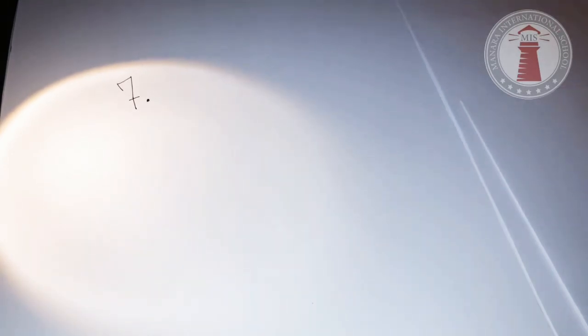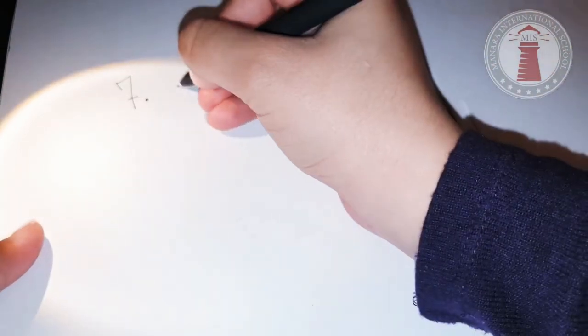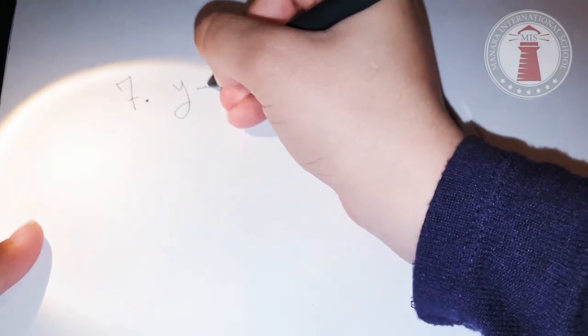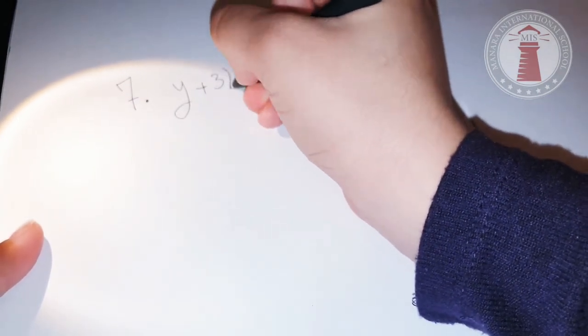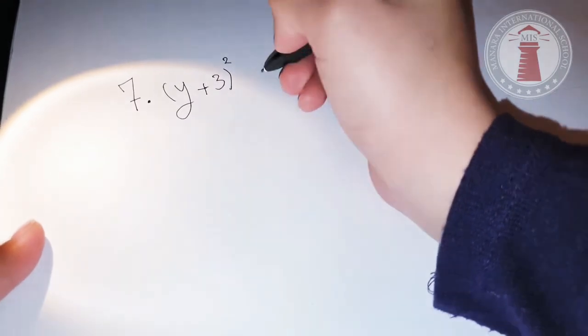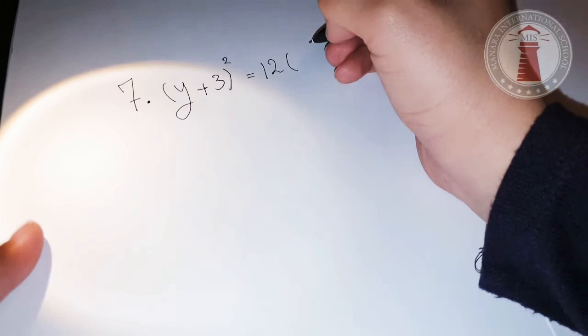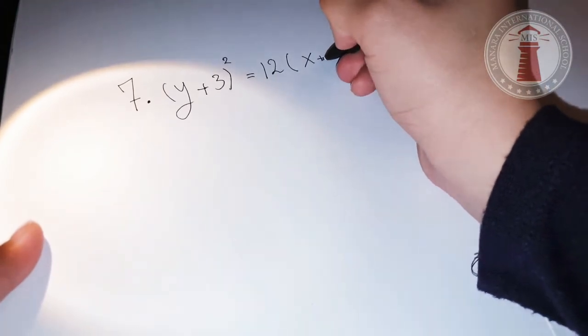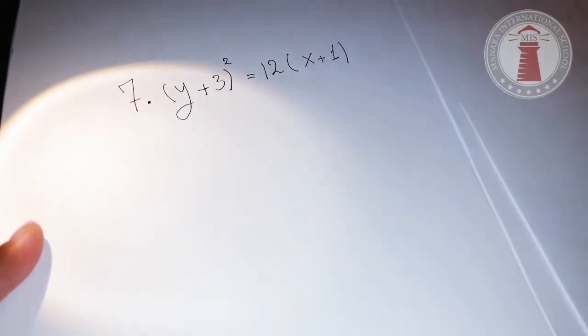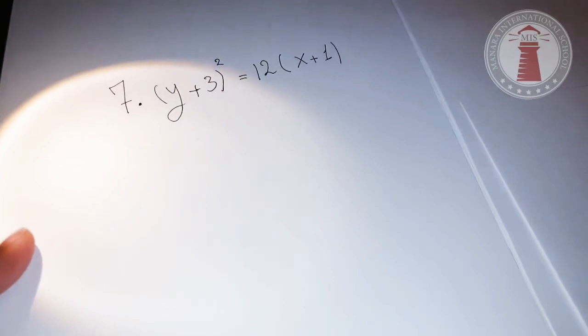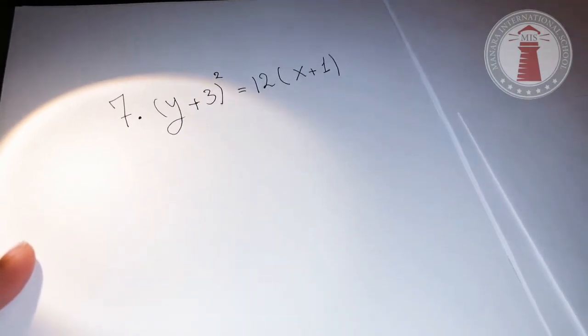Number 7 is y plus 3, that's squared, equals 12 multiplied by x plus 1. Okay, I hope this is clear enough.